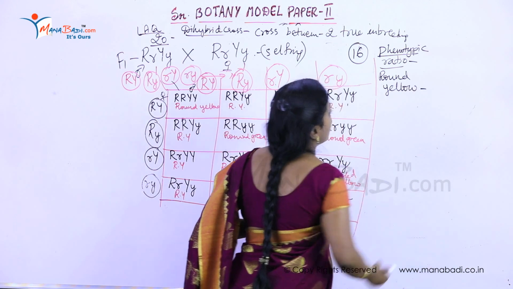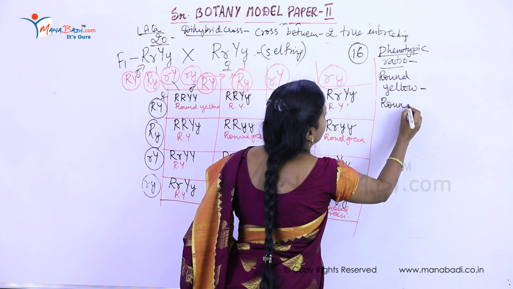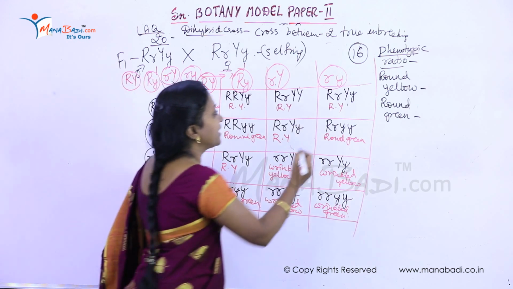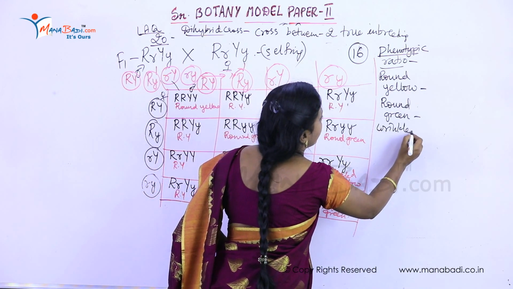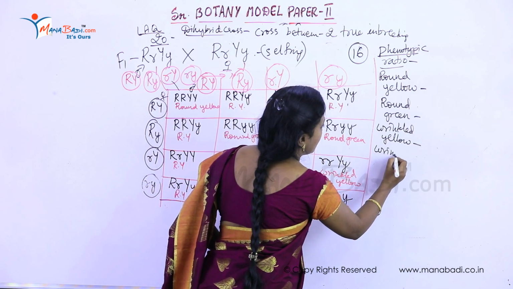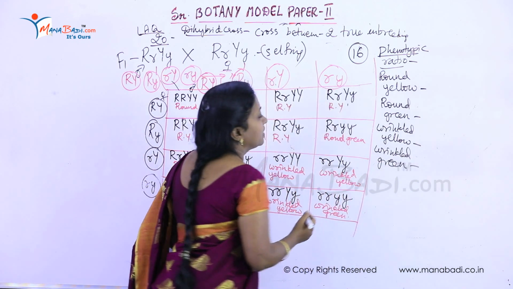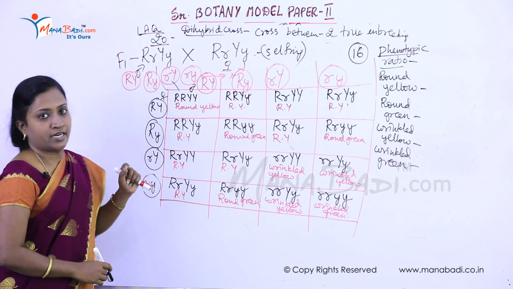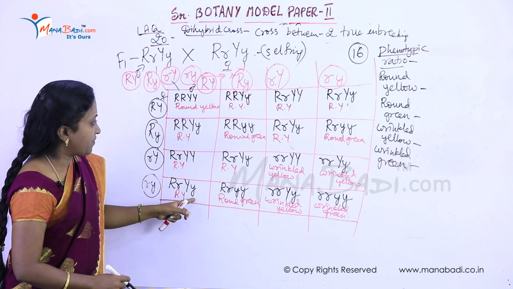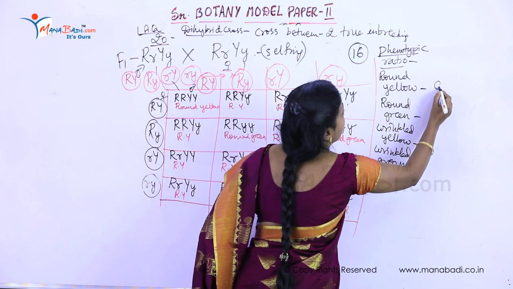Round yellow, next round green, next wrinkled yellow, and the last one is wrinkled green. How many round yellow are there? 1, 2, 3, 4, 5, 6, 7, 8, 9. So a total of 9 are there.